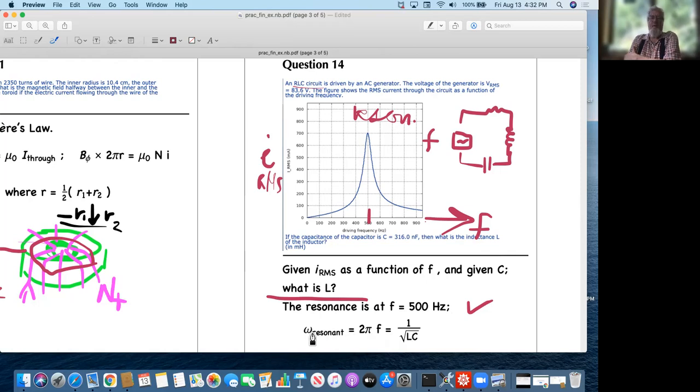Now, f is not the same as omega. Omega is 2 pi times f. So this is the angular frequency, 2 pi radians times 500 hertz. That has to be 1 over the square root of LC at resonance.